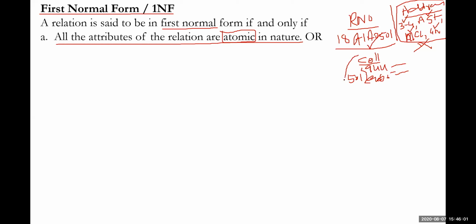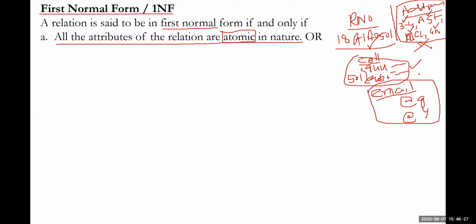So this cell number is a multi-valued attribute, and it is also not atomic in nature, since it has more than one value. Let me give one more example, email. Many people might have several emails, @gmail.com, @yahoomail.com, something like this. So it is also not atomic in nature.